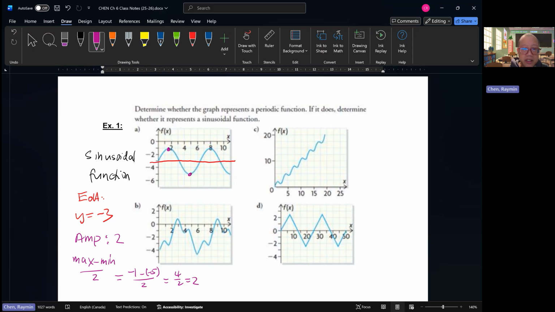The period is a little bit tricky, but if you take a look at it, I think the maximum occurs at a value on the x-axis of 1.5, and the other maximum occurs at 8. Oops, so we should change up this color. I'll use green if that's okay. So that's this distance that I'm measuring.